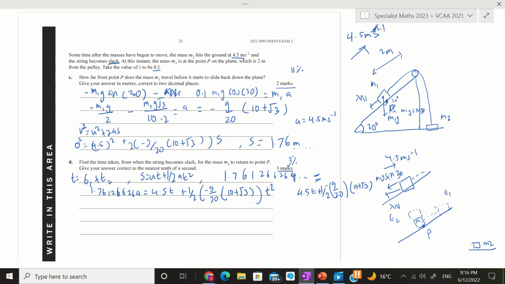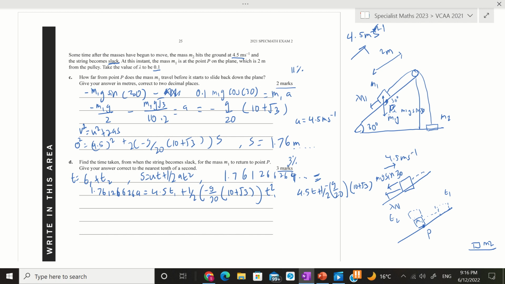And remember, this t refers to the time taken for this mass to go up the plane, to this first point, t1. So it's better for us to label this t as t1. We'll leave it for now. We won't solve it; we'll solve everything at the end.